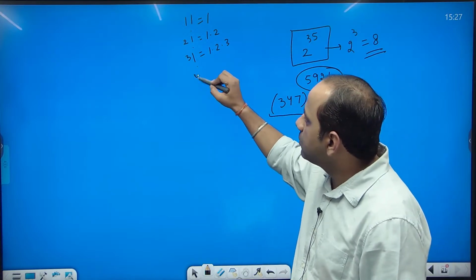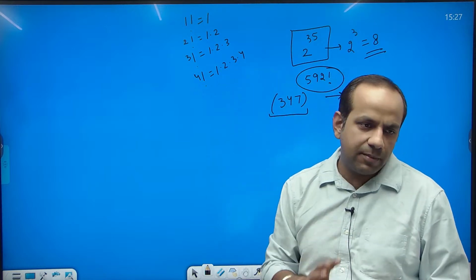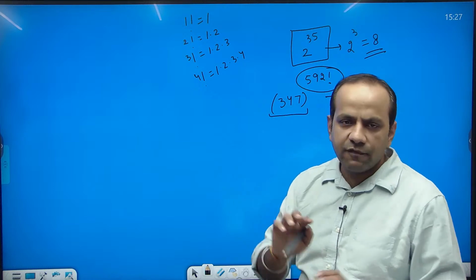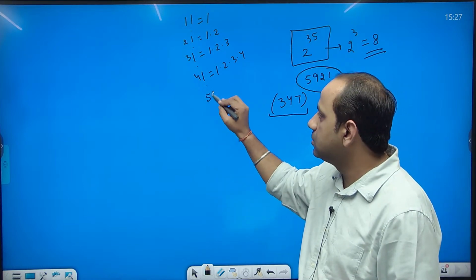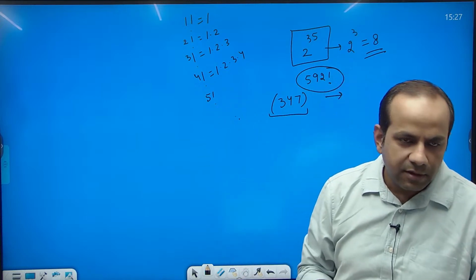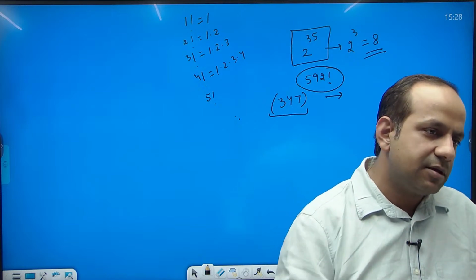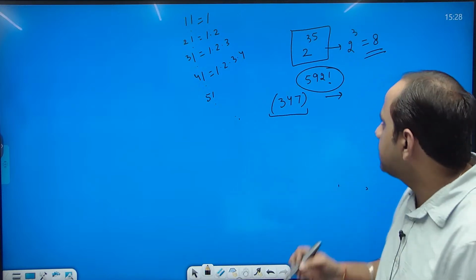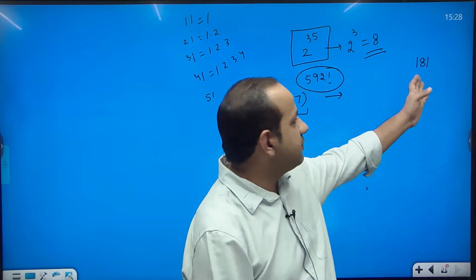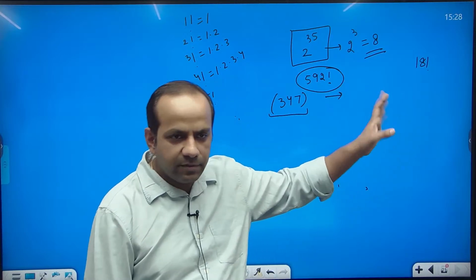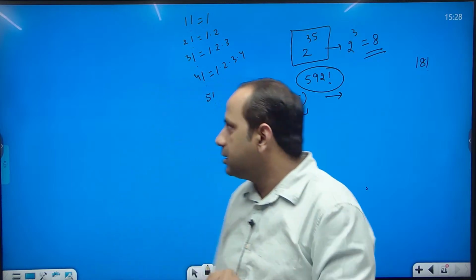If I say 4 factorial, it will always be divisible by 4. अच्छा 4 factorial divisible by 5. Yes or no? No. But अगर 5 factorial होगा, that will always be divisible by 5 and also by the numbers less than 5. Is it okay? If I say 18 factorial, is it divisible by 11? Is it divisible by 17? And it is divisible by 18 also. Is it divisible by 19? No.